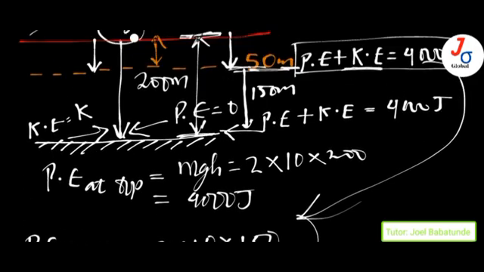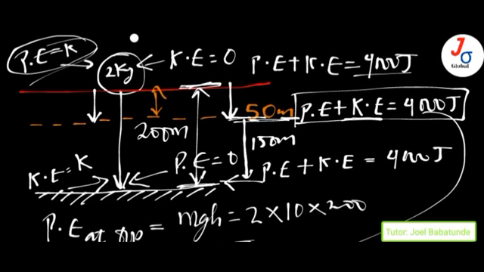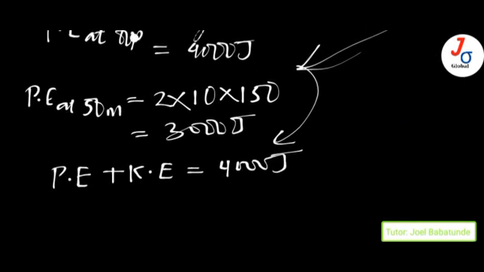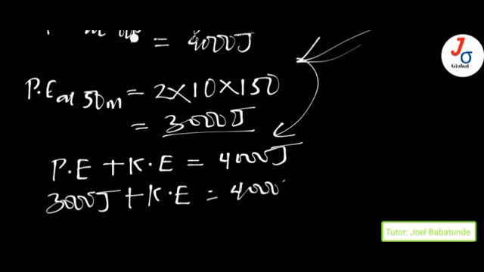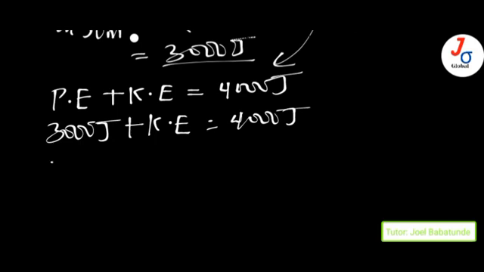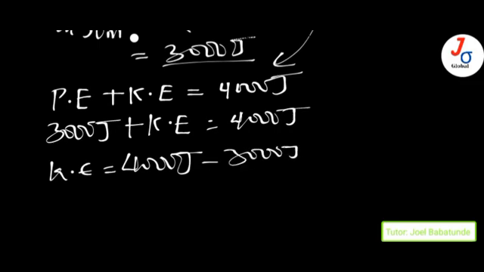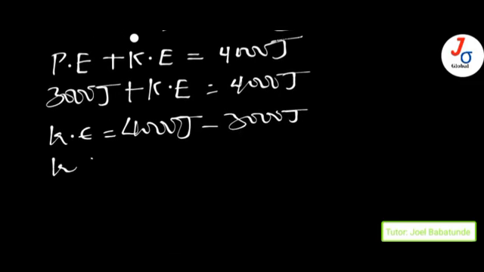We've calculated the potential energy at the 50 meters mark, that's 3000 joules. Now we calculate the kinetic energy: 4000 joules minus 3000 joules gives us the kinetic energy, which equals 1000 joules.